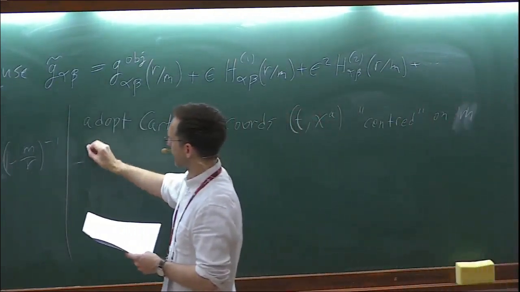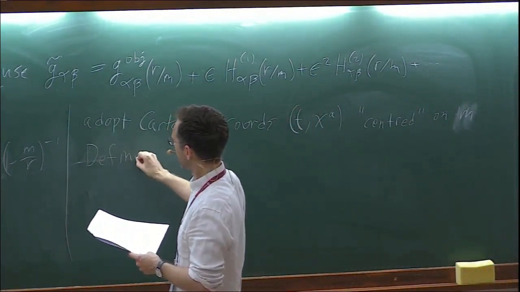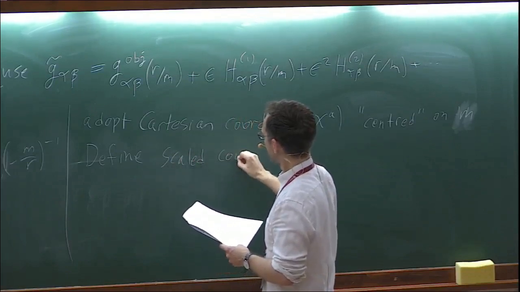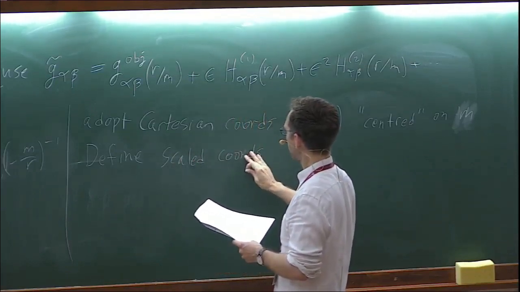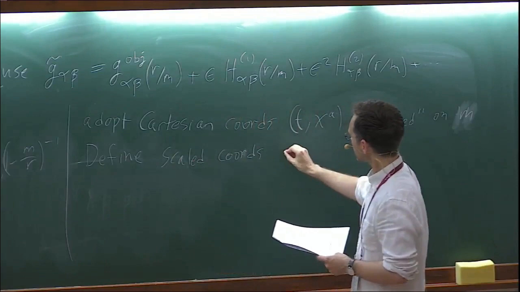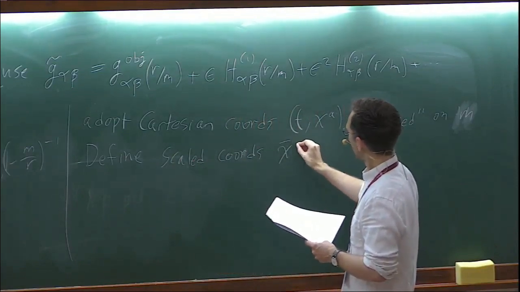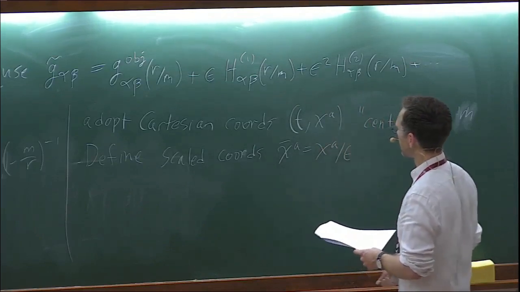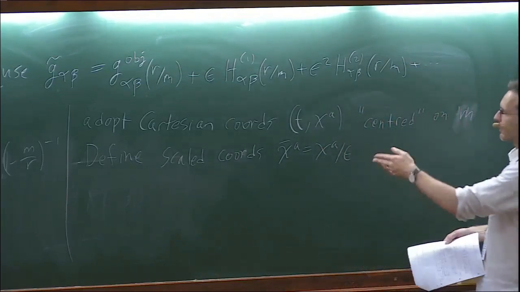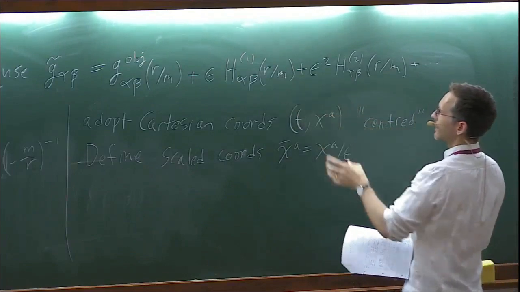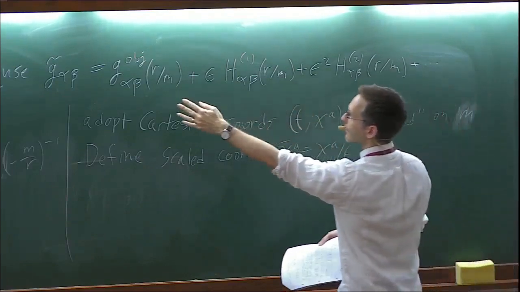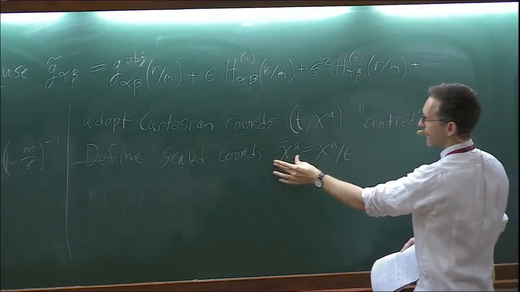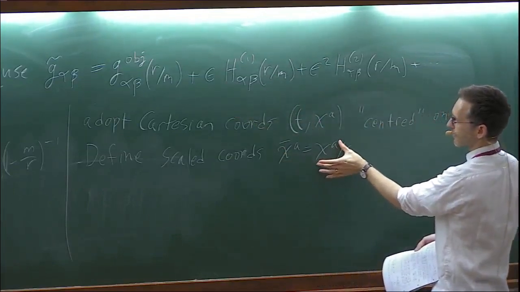Then define scaled spatial coordinates, x bar a is x^a over epsilon. So remember, we can think of epsilon as basically just being little m. So all I'm saying here is that this is an expansion in powers of epsilon at fixed values of this coordinate, not at fixed values of the original coordinate.